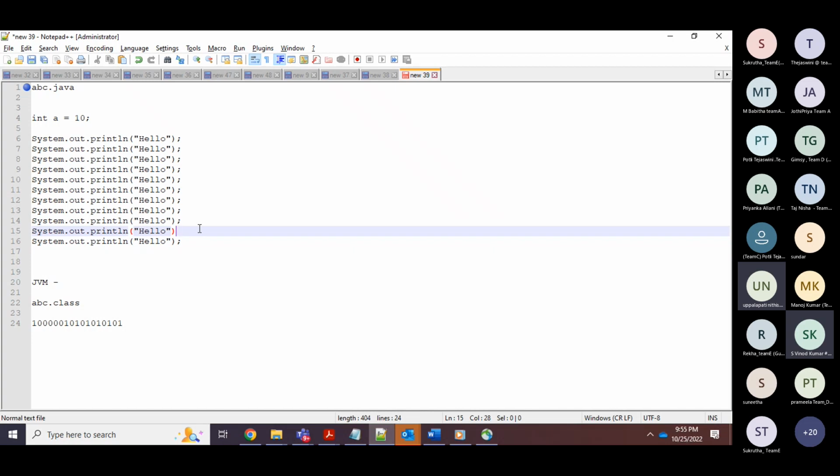Until then, that guy is sleeping forever. You will wake him up only when you start run. So can I think that the IDE is giving that class name as abc.java? Of course. Whatever the default things are coming, that is the IDE's responsibility. That is not JVM's responsibility. Okay, sir. Thank you.